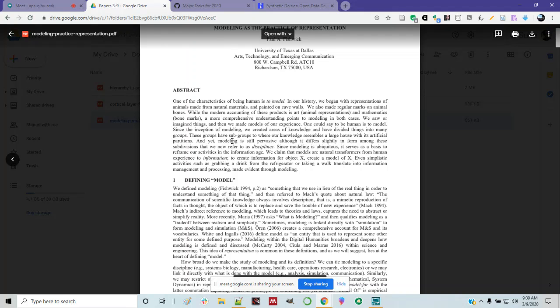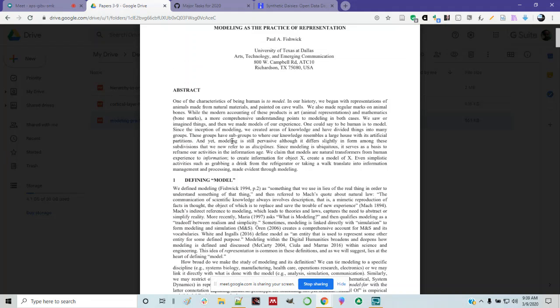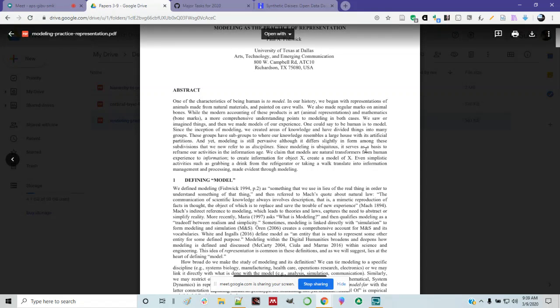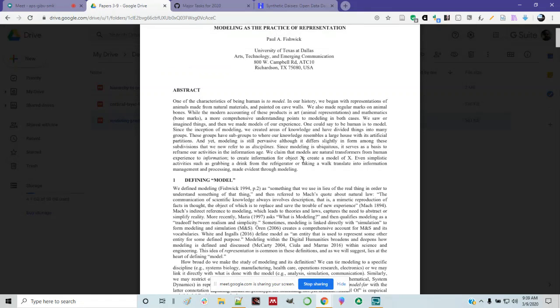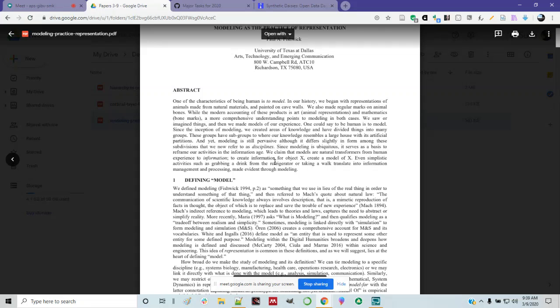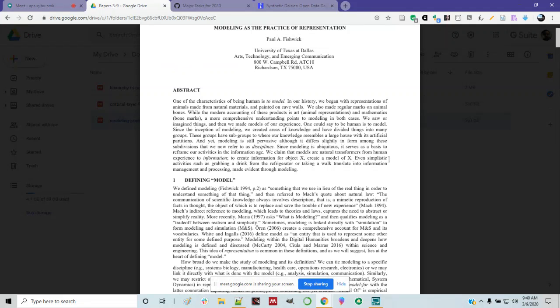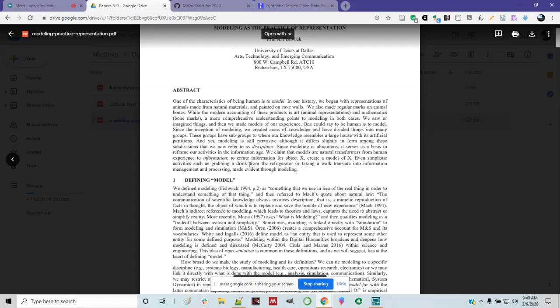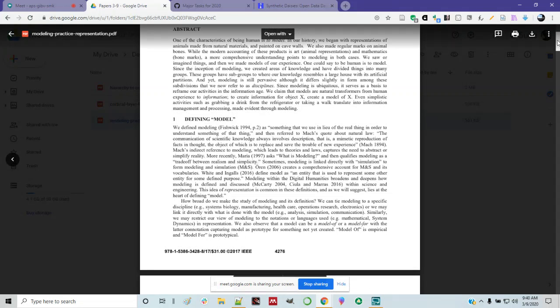Modeling is ubiquitous. It's not just something you do in a computer. He's making this claim that models are natural transformers from human experience to information. To create information for object X, create a model of X. Even simplistic activities such as grabbing a drink from the refrigerator or taking a walk translate into information management and processing.